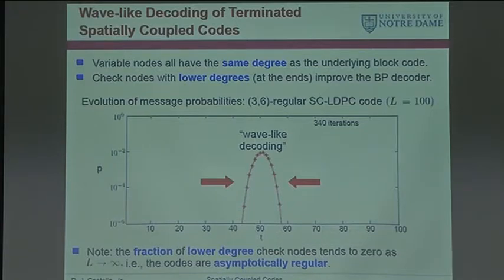So as we make the graph longer and longer, the fraction of lower degree check nodes goes to 0 as L goes to infinity. They have a slight irregularity, but we like to refer to them as asymptotically regular or almost regular, because the basic structure is regular. It's just at the ends of the graph that you have a different structure.